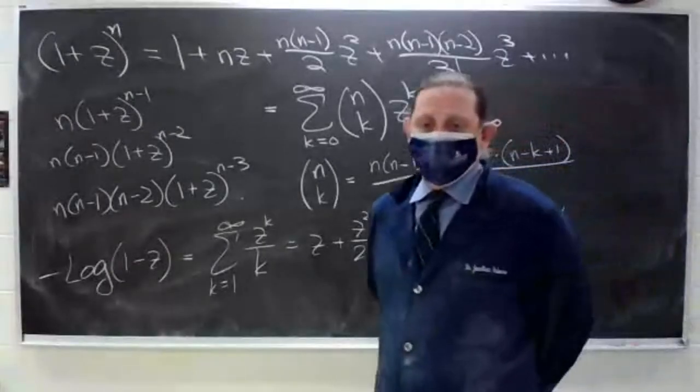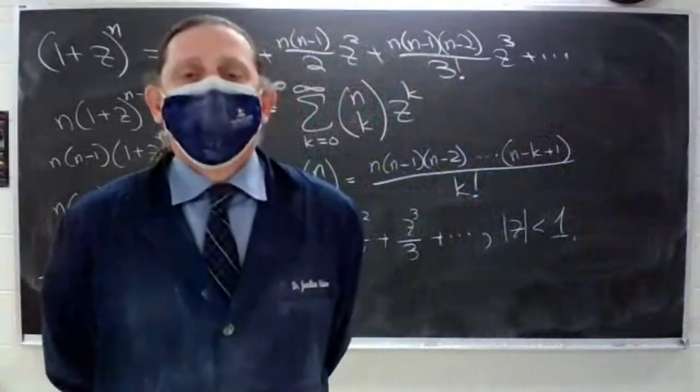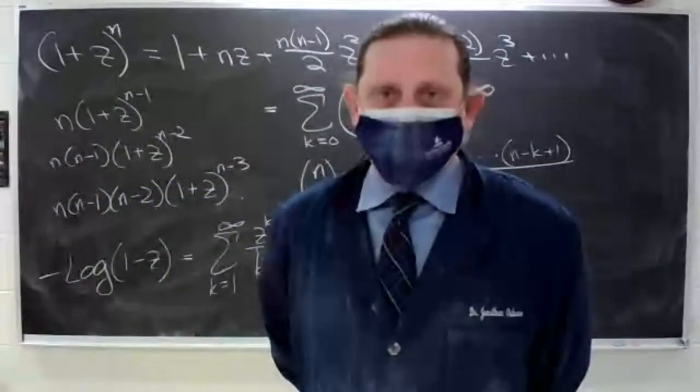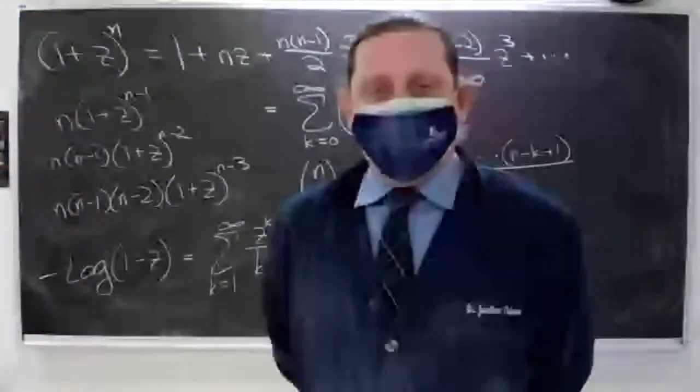But what it actually represents is you just start with the top number and then you subtract 1 repeatedly until you have the bottom number of terms in the numerator of the fraction.